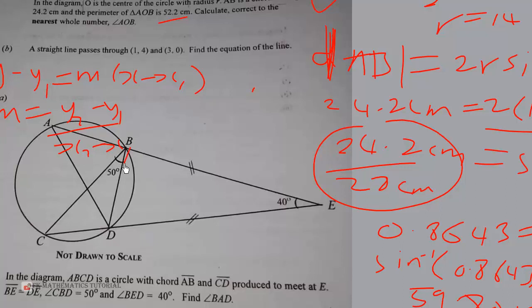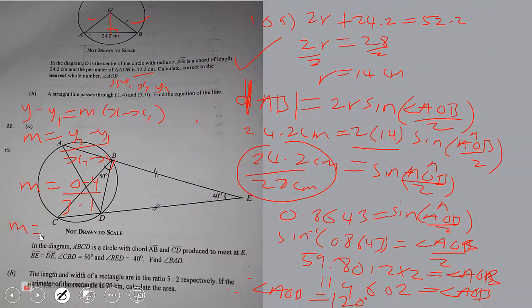So if this is my x1, y1 and x2, y2, then my m will be equal to y2, which is 0, minus y1, which is 4, over x2, which is 3, minus x1, which is 1. So m will be equal to negative 4 over 2, which is equal to negative 2. So if m equals negative 2, I just have to plug in that m here. Then y minus y1, and what we choose is 4.